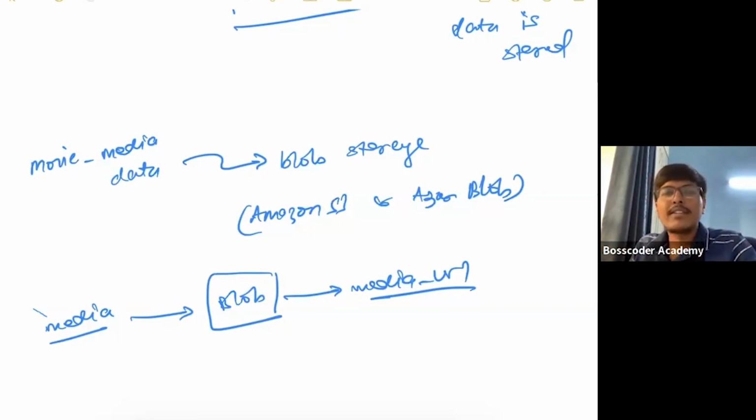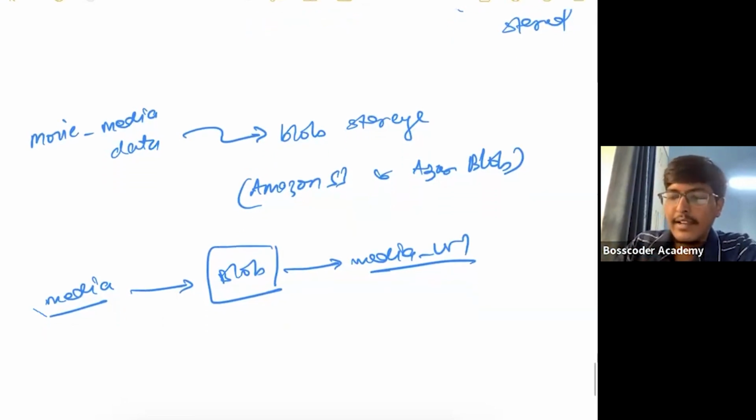If there is an image you want to store, you will store it in a blob. If there is a movie or any media you want to store, you will store it in blob storage. Non-queryable format data is usually stored in blob storage, right?